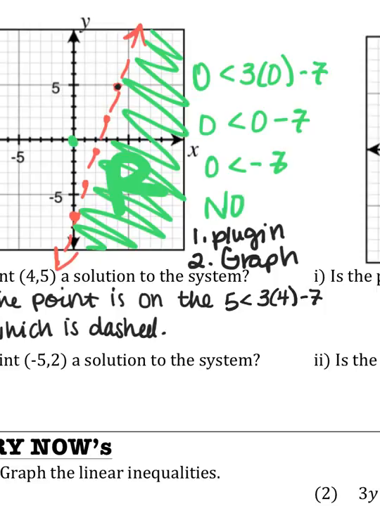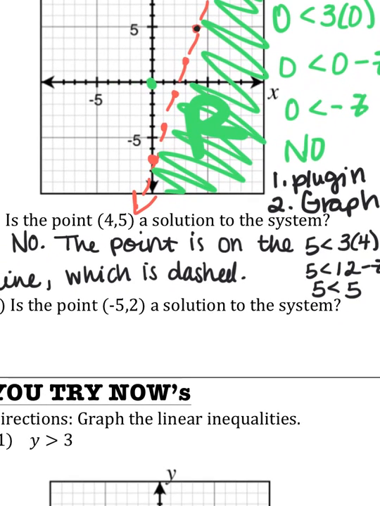So I would get 5 is less than 12 minus 7. 5 is less than 5, which is not true. 5 is not less than 5. 5 is equal to 5. So if I had a less than or equal to, it would be a solution. But because I'm only strictly talking about less than values, that would not be a solution.